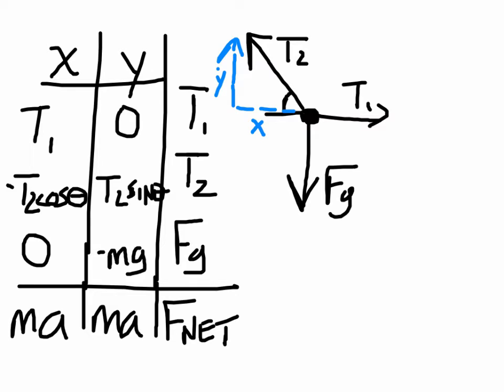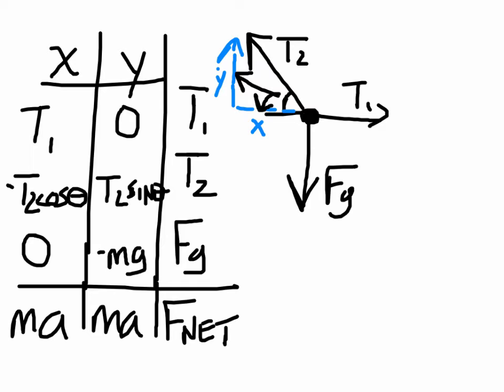And just like I said before, be careful with your sine and cosine. Make sure you know which side you're looking at. The Y is opposite the angle, and the X is adjacent to the angle. So that's how I know I can use cosine and sine. But it may not always end up that way. Just look at your angle and look at the legs and the components that you have.